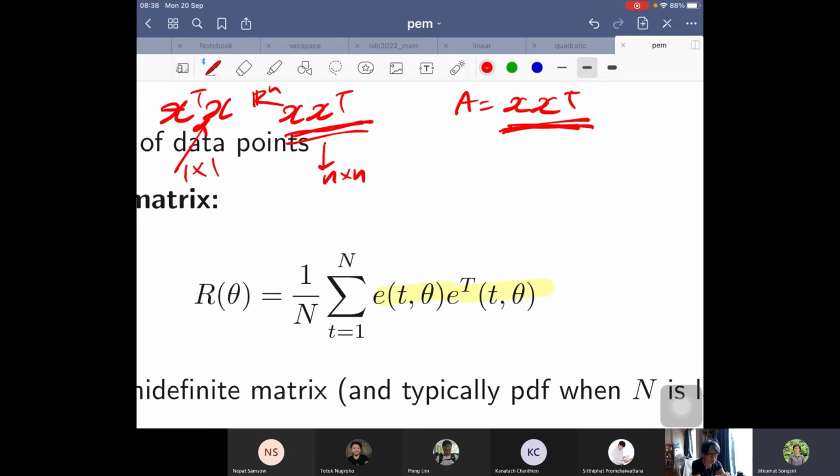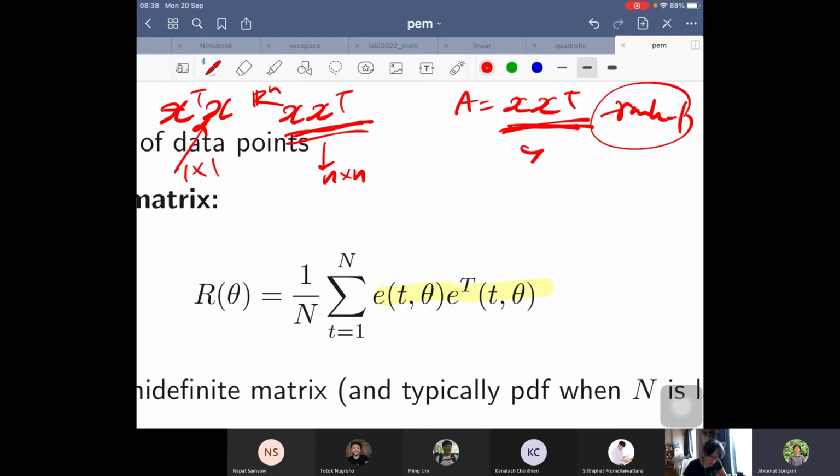Is it positive? Is it positive semi-definite? Is it indefinite? It is positive semi-definite, all right? It's never positive definite. This is a rank one matrix, because it has only one non-zero eigenvalue.